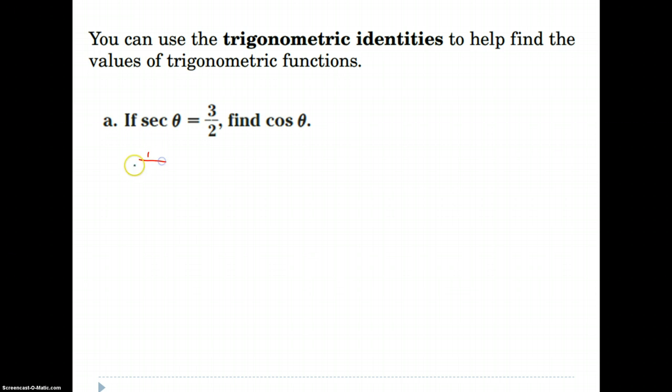I know that 1 over the secant is equal to the cosine. So 1 over 3/2 is going to be equal to the cosine. And 1 over 3/2 is 2/3. And so I can find out that the cosine of theta is 2/3.